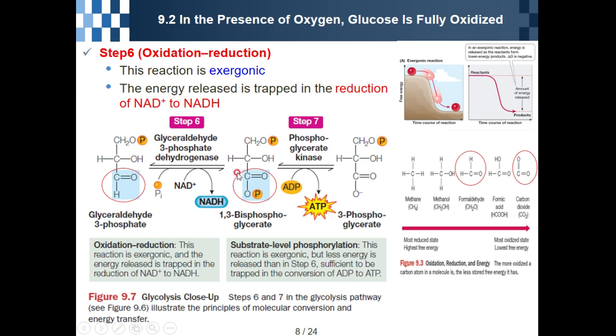During this step, a large amount of energy is released and trapped in the reduction of NAD plus to NADH. So step 6 is especially an oxidation and reduction reaction. This carbon is oxidized, but NAD plus is reduced. That's why we call it an oxidation and reduction reaction.